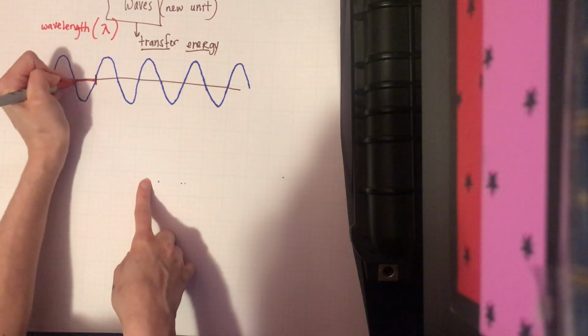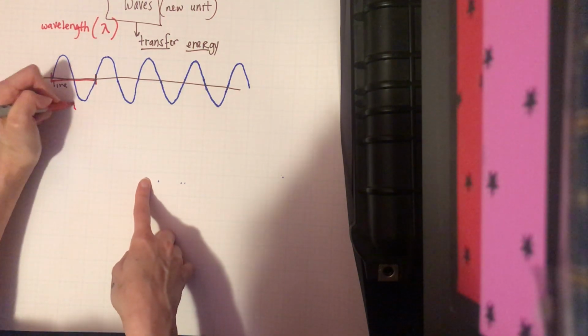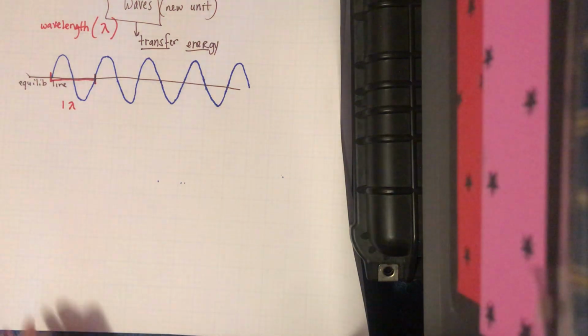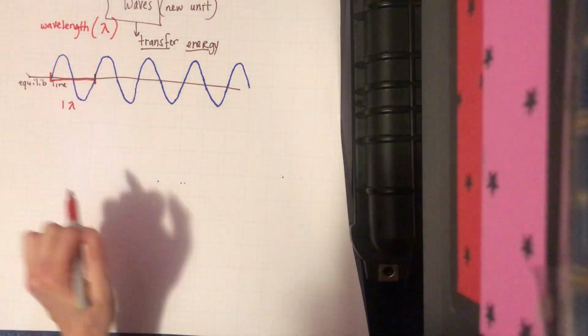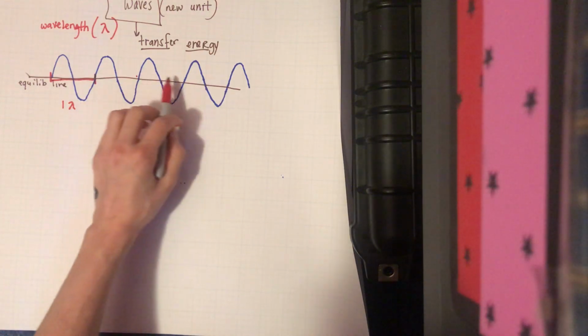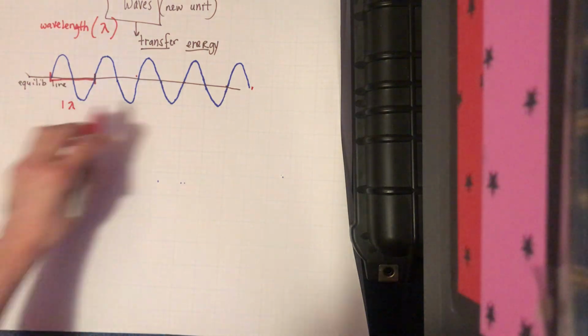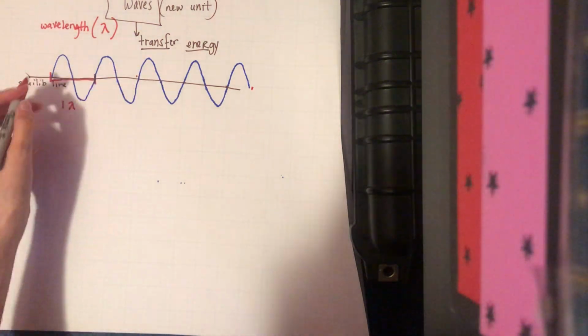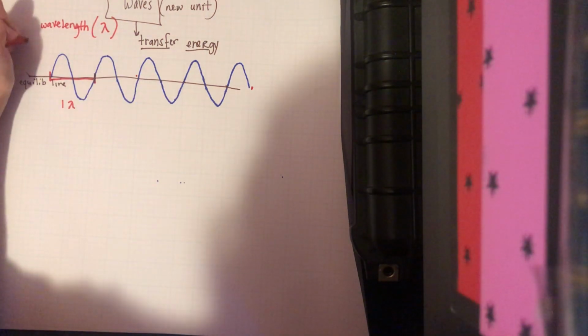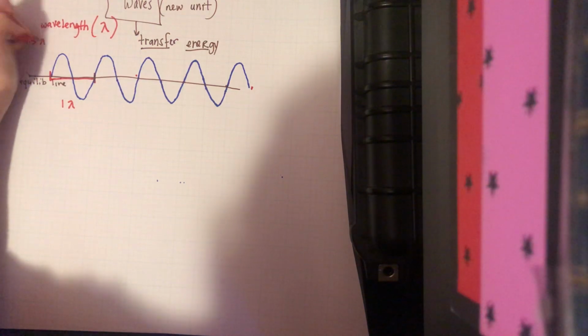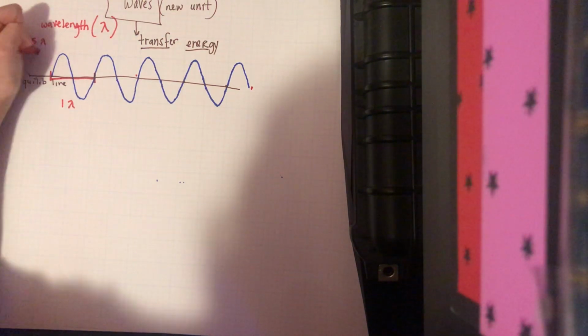So this would be 1 lambda. How many wave cycles are on here? Well, we have 1 wave cycle, 2, 3, 4, 4.5. So in this diagram, we have 4.5 lambda depicted.